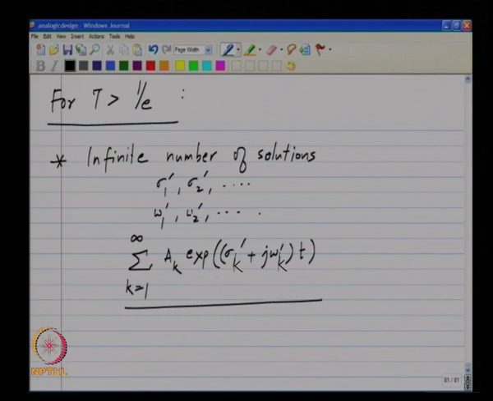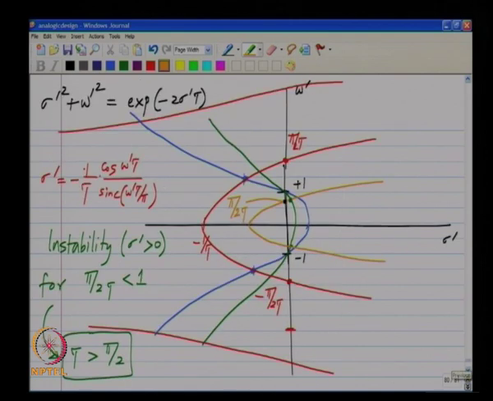But what happens is that there is a pair of solutions here and here which are closer to the origin, and all the others are much further out. So, you can take only this and get a reasonable approximation to the solution, or maybe you can take this and the next one and get a reasonable approximation and so on. You do not have to take all the infinite number of terms.